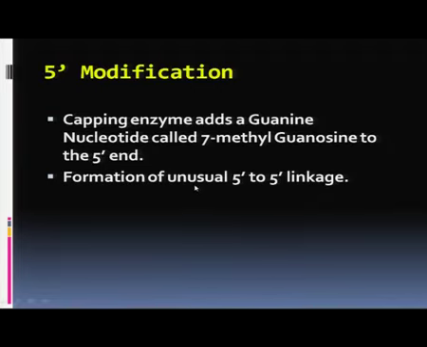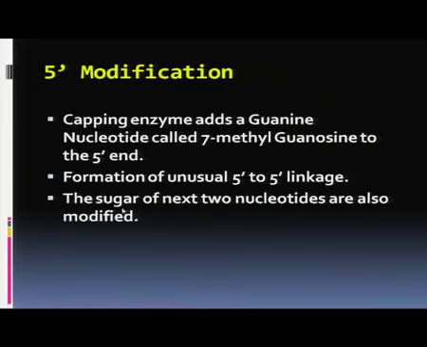So, they form an unusual 5' to 5' linkage, which forms the cap, and the sugars of the next two nucleotides are also modified with the help of methyl transferase enzymes, which add a methyl group and modify the nucleotides. So, this is how capping is done at the 5' end of the synthesized RNA transcript.